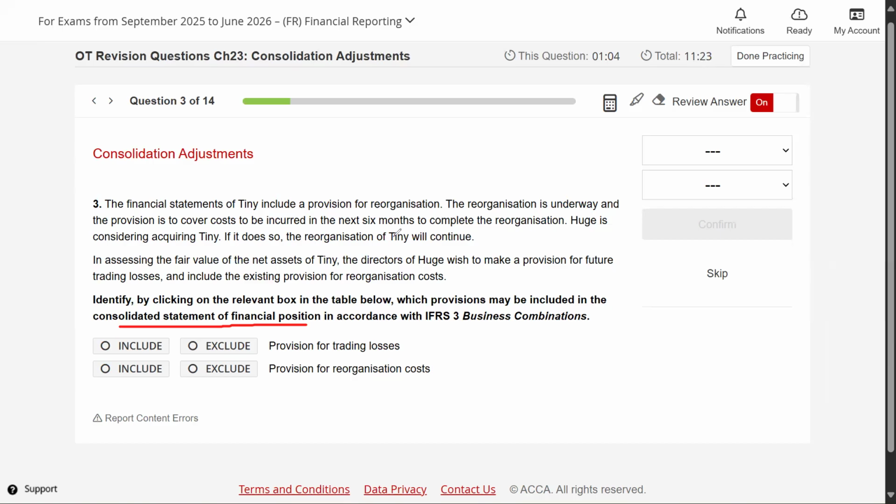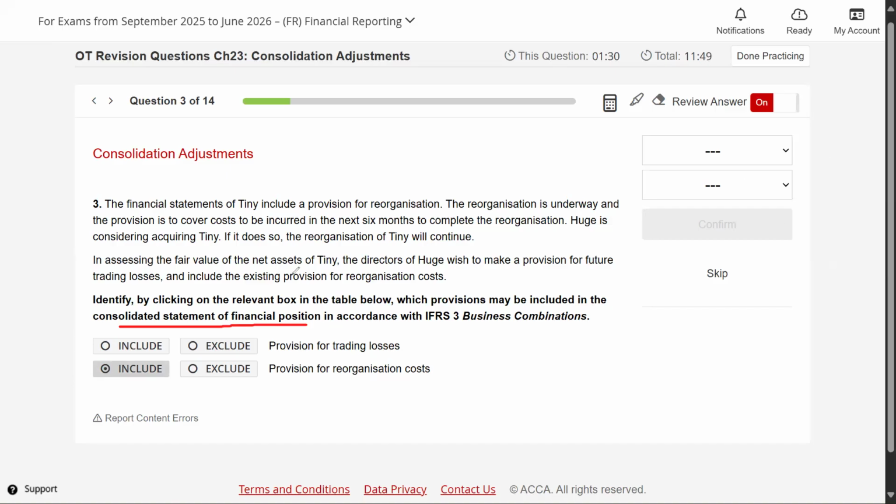The reorganization is taking place, and whether they acquire Tiny or not, the reorganization would continue. Okay, so this is something for which a provision has to be included. So we would go for the inclusion of the provision for reorganization, since this is not something that will take place after the acquisition. It is already underway.